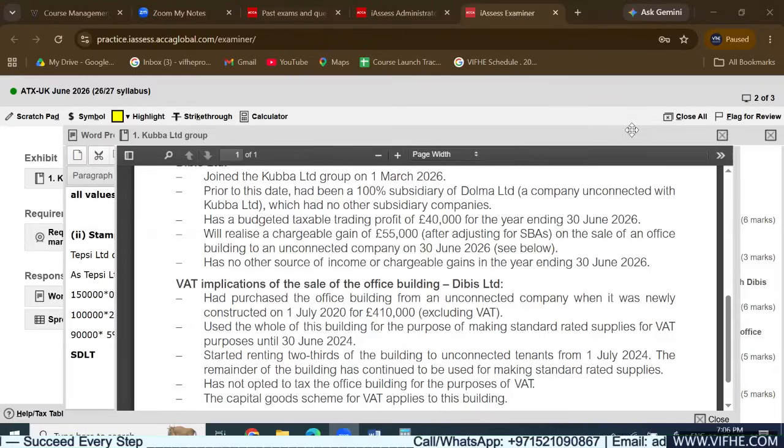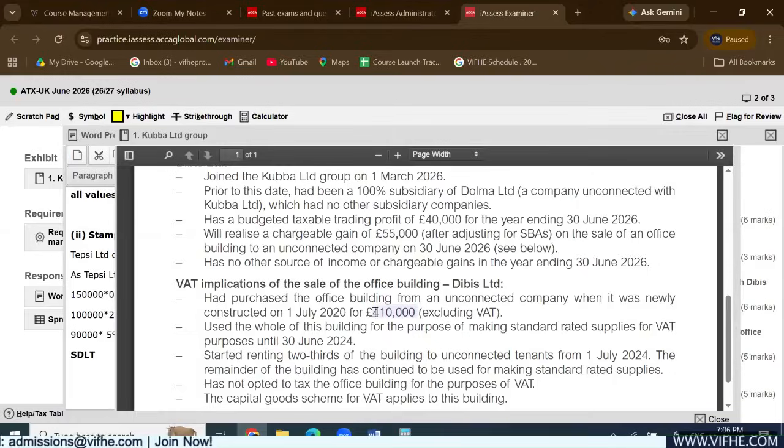As I have told you, there are in total 10 years with respect to the adjustment of VAT. And this is applicable where the cost of the building and the land is at least 250,000 pound, which is quite clear as the building was costing 410,000 pound.